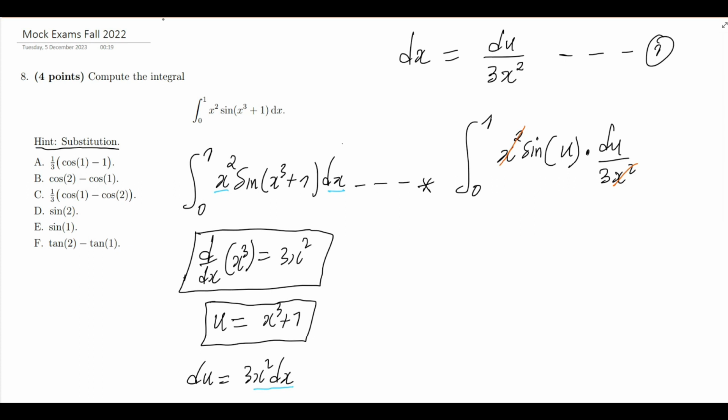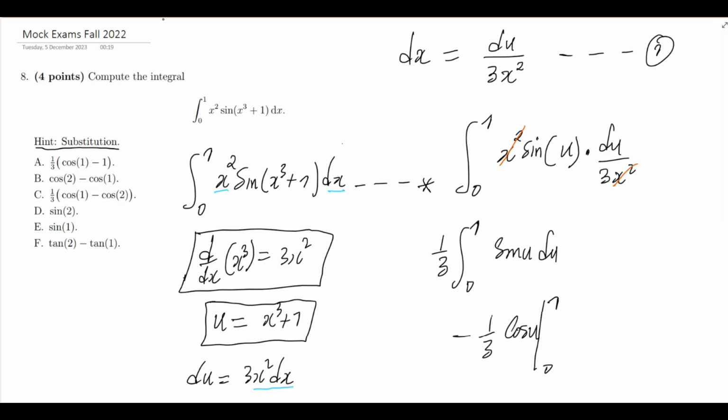So if we continue, we're going to have the integral from 0 to 1 of 1/3, since it's a constant, sine of u du. When you integrate sine, you have negative cos, so negative 1/3 cos of u from 0 to 1. That is our computation.